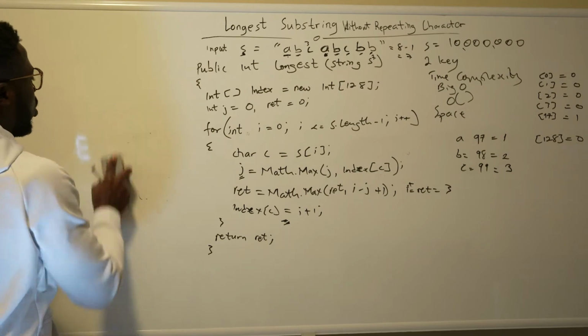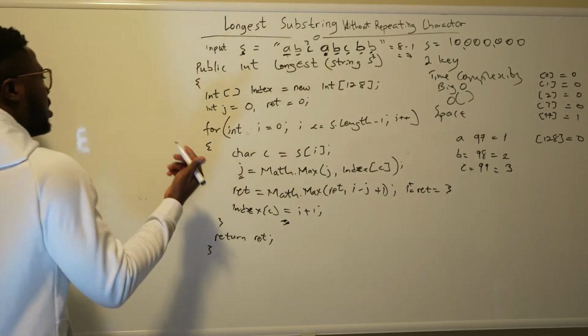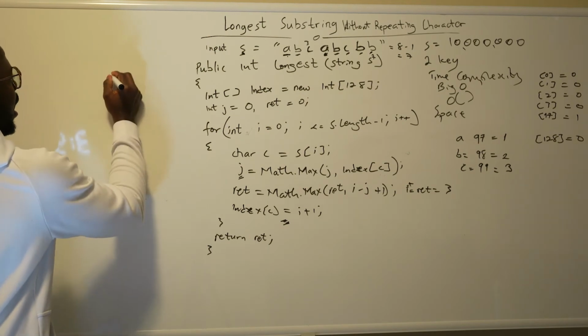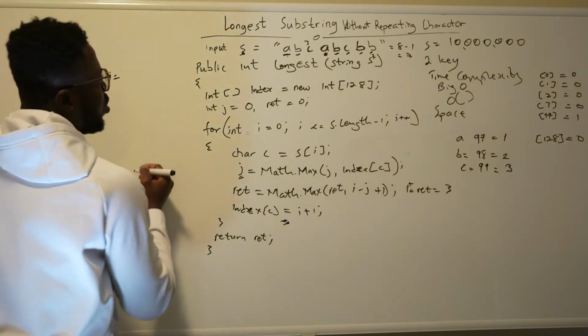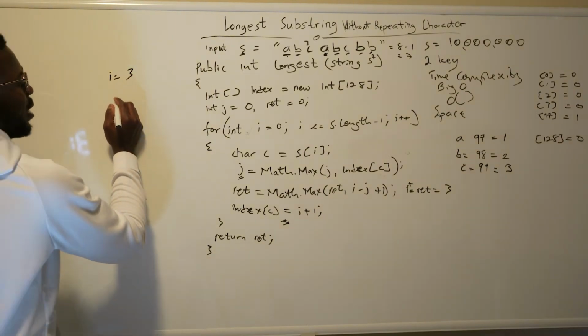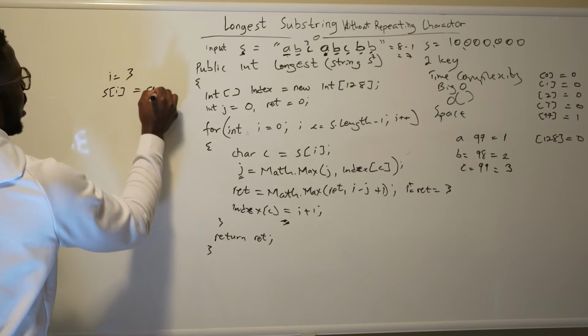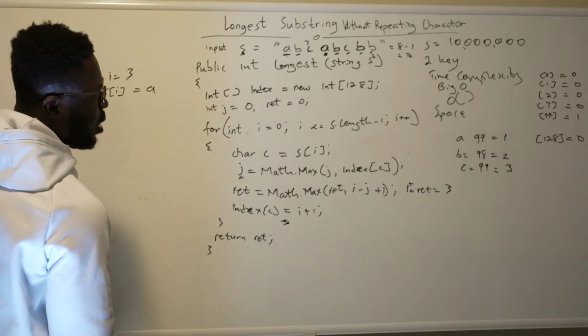So we keep going. So the next iteration, I is equal to 3, and we know S at I equals A, right?